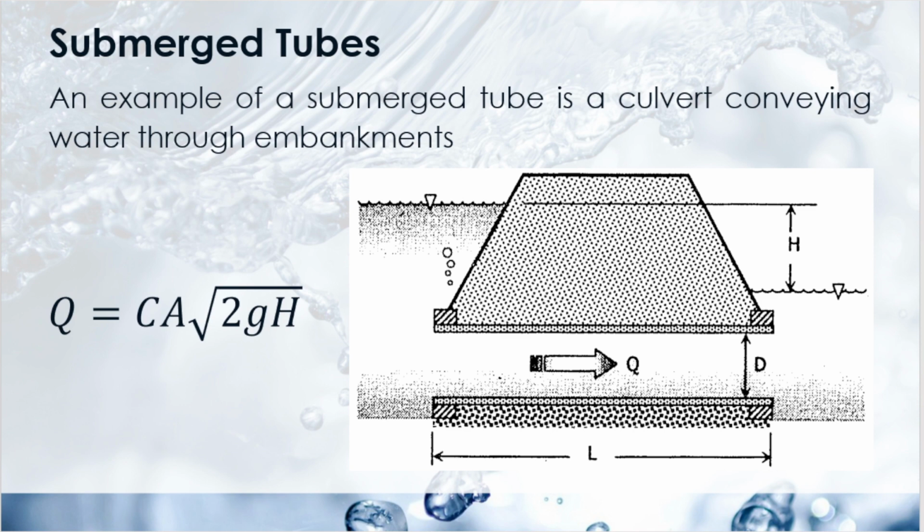So where do we find culverts? In highways, where the highway traverses a river or part of a bay area.